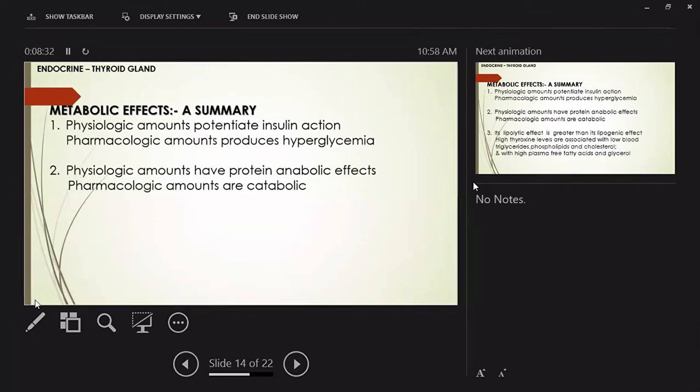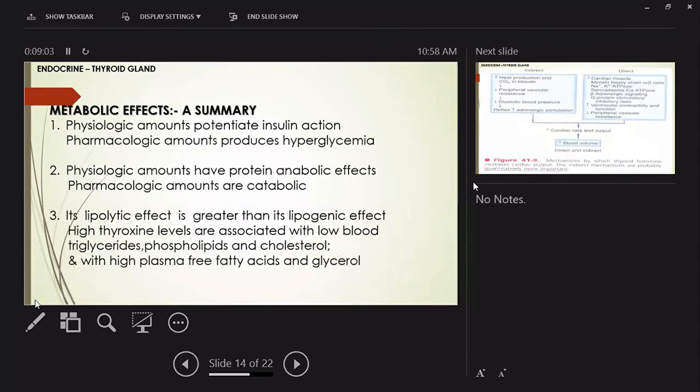Physiologic amounts have protein anabolic effects, but when there is too much thyroid hormone, it will become catabolic. So the individual, instead of having well-developed muscles in the arms, will not. The individual will appear asthenic.